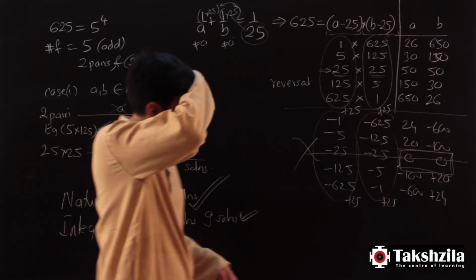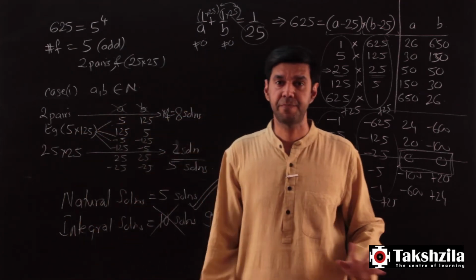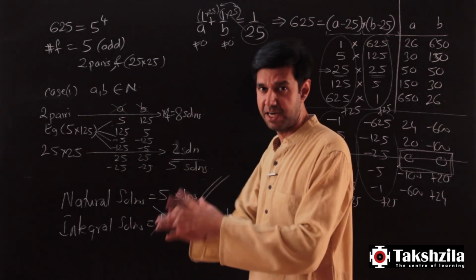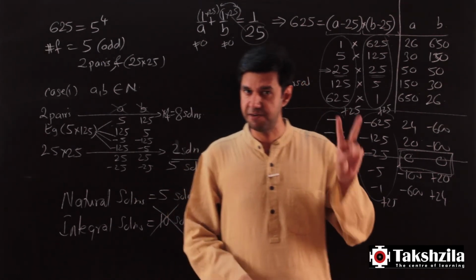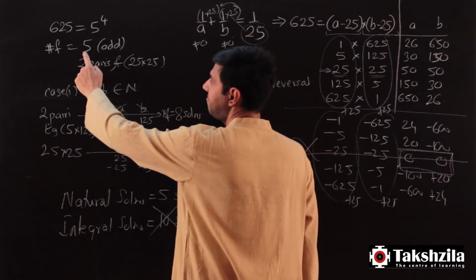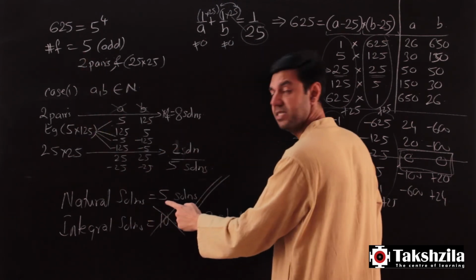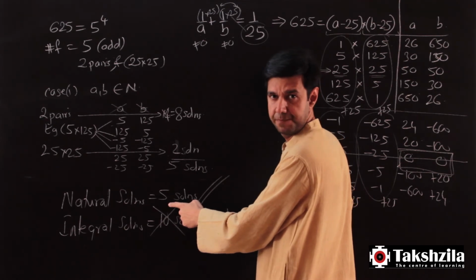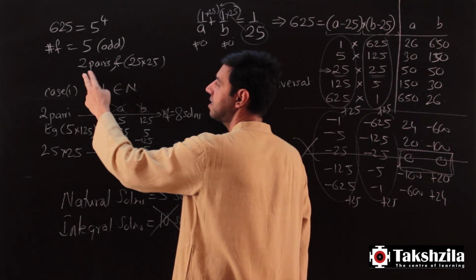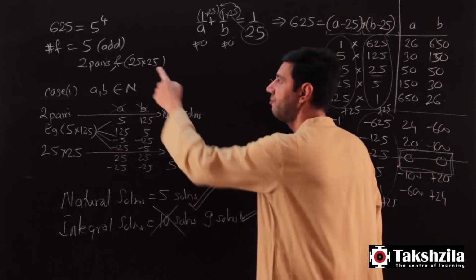So let me end it here by saying, very often, even in the last set of questions, when we were writing it as a difference of 2 squares, you would have wondered, when I have 5 factors and my answer is straight 5 solutions, why am I going through the route of 2 pairs and then 2 pairs into 2, 4, 4 and 1, 5?